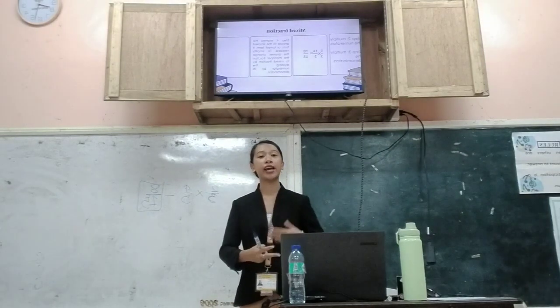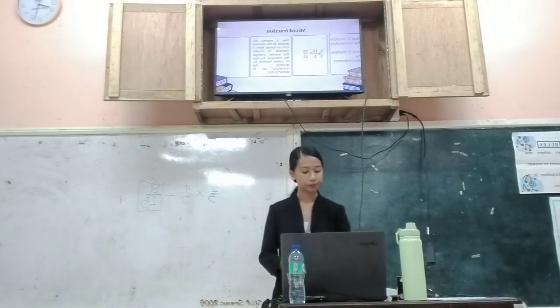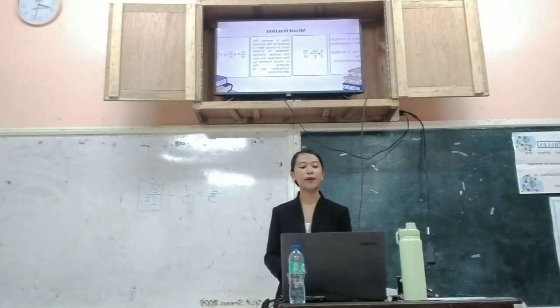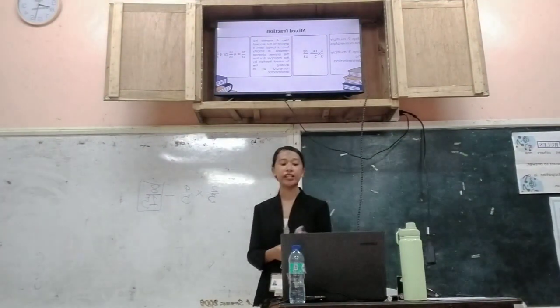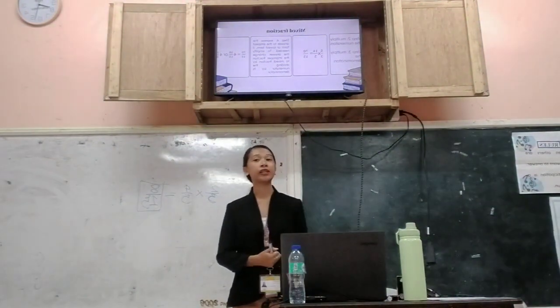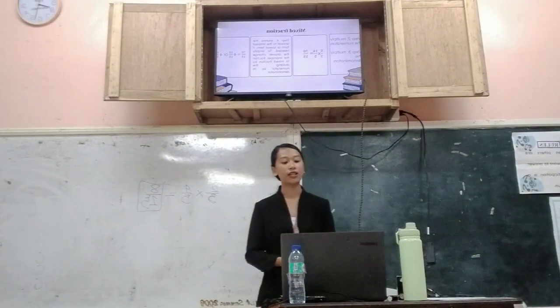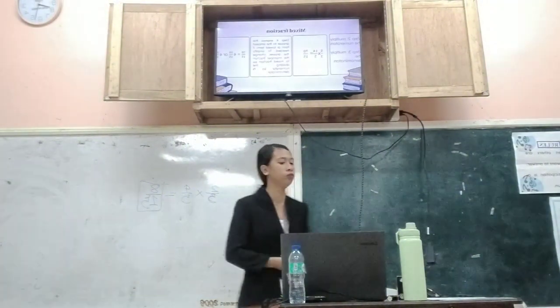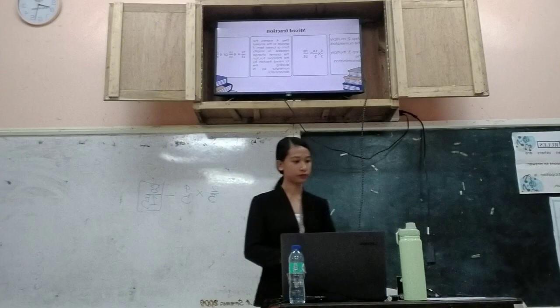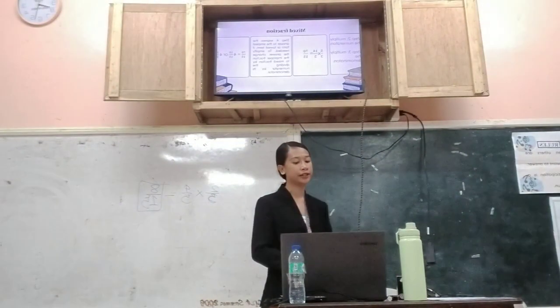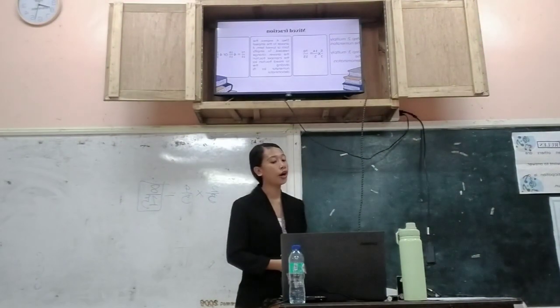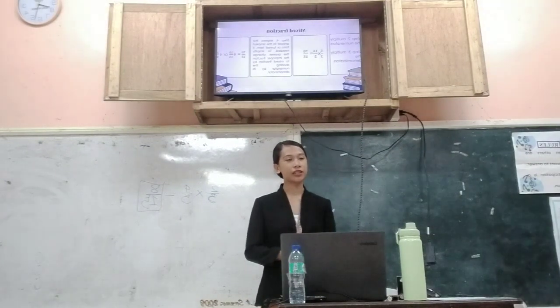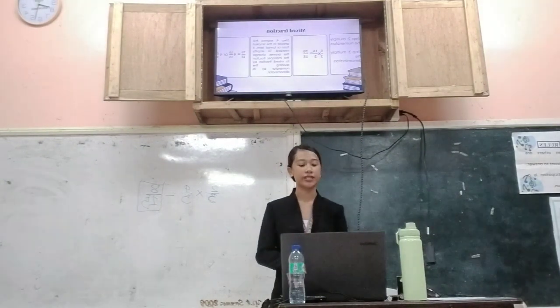So 70 over 15, we just need to divide it. 70 divided by 15 is 4 with 10 over 15 remaining.